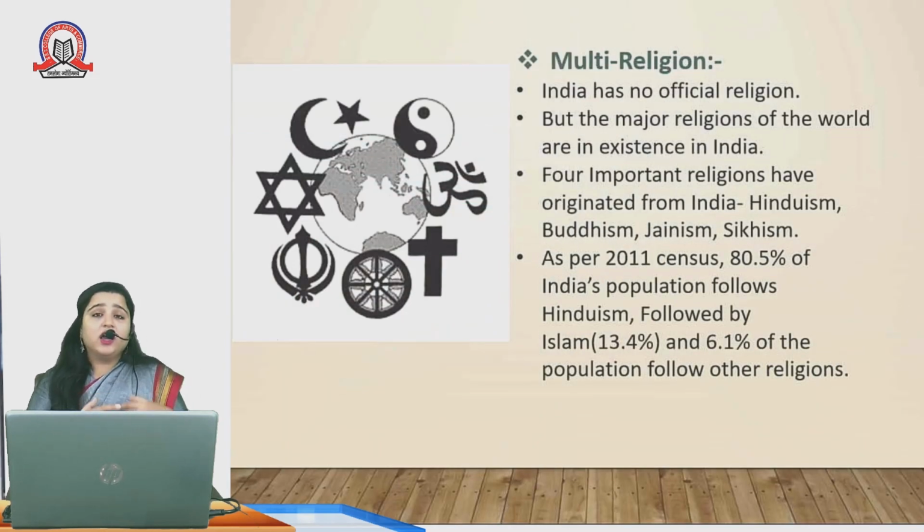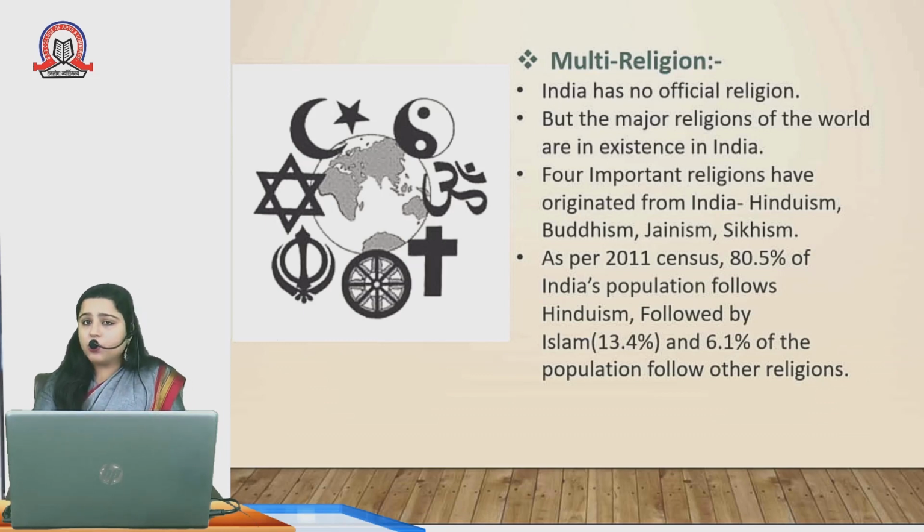Now, as we all know there are many religions in the world, but there is no official religion in India. So India is considered a multi-religious country.